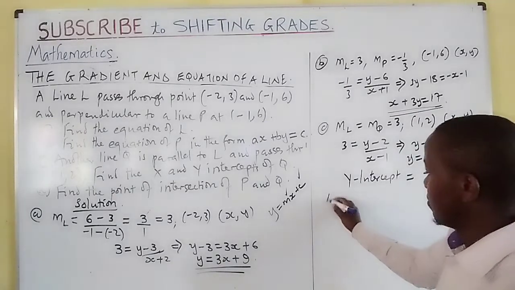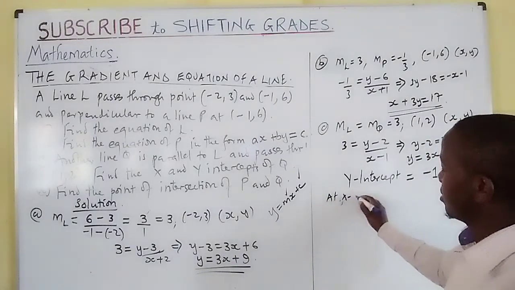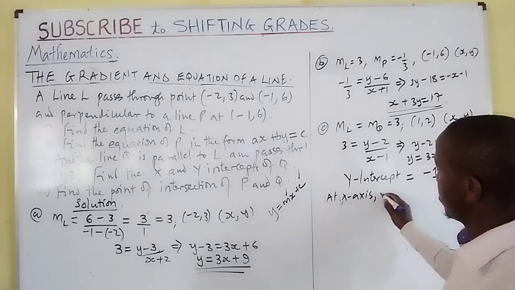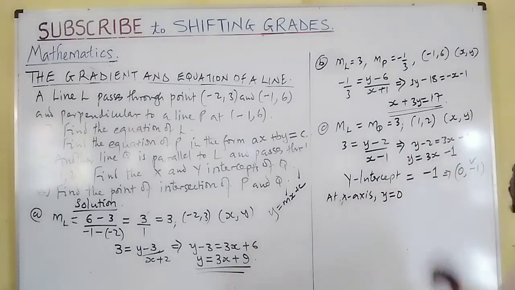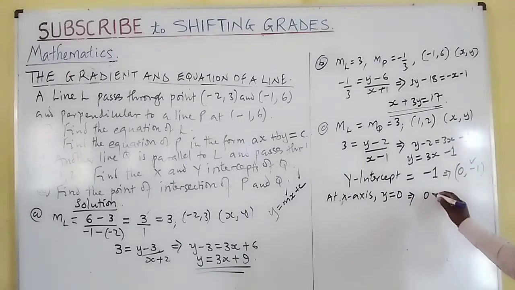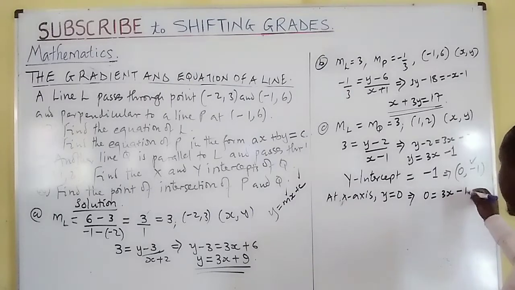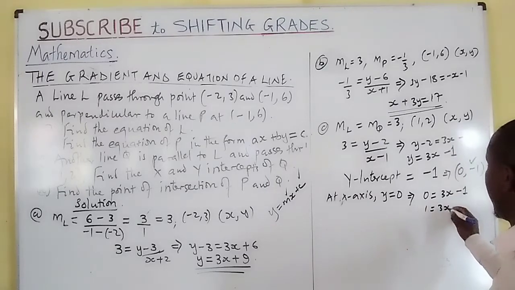Then for the x-axis, we say that y is always equal to 0. So for this equation, where we have y, we replace it with 0. So 0 is equal to 3x minus 1, so 1 is equal to 3x.